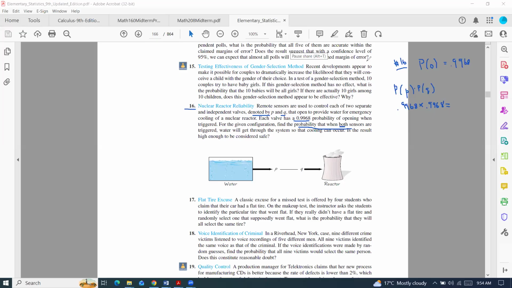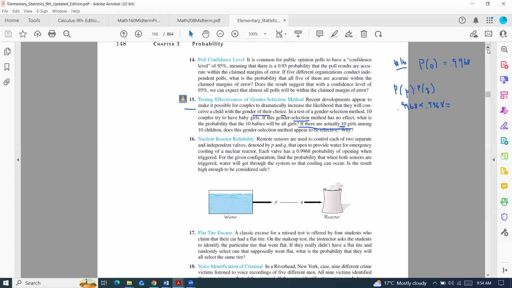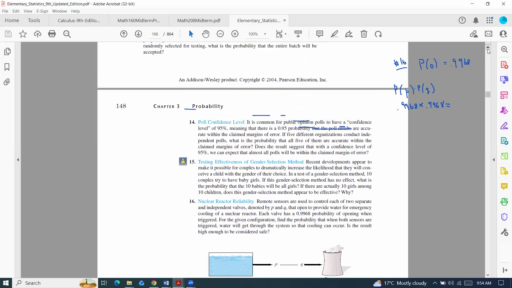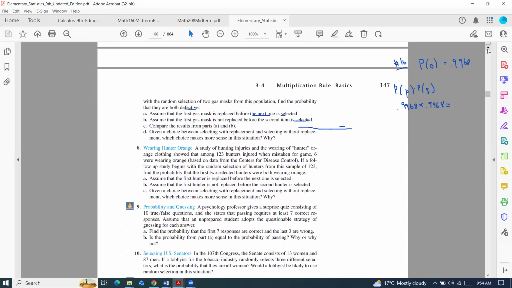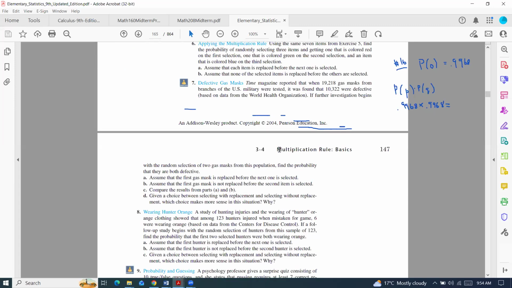In fact, if you check the name of this section, where's the name of the section? Does it say? Oh, here it is. Multiplication rule. So it wants you to multiply, basically, and that's what you do in pretty much every exercise. So let us multiply.